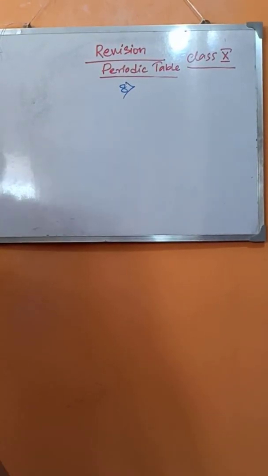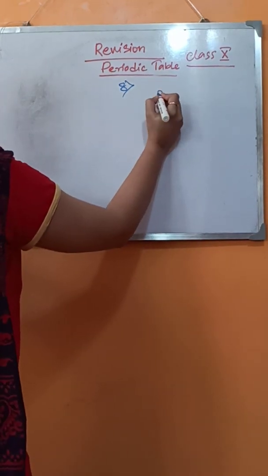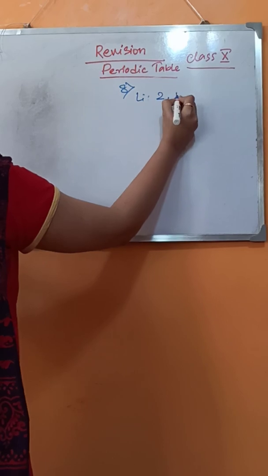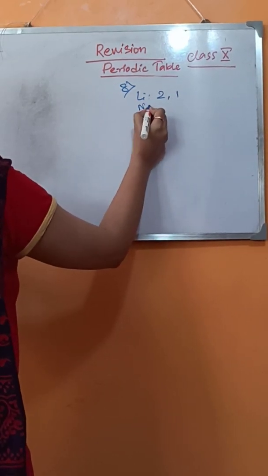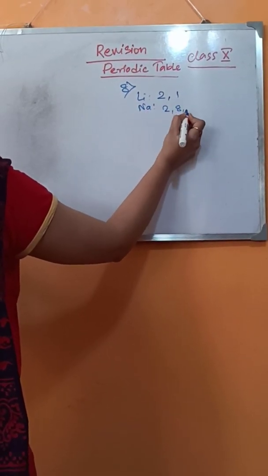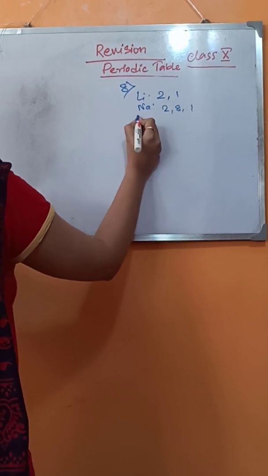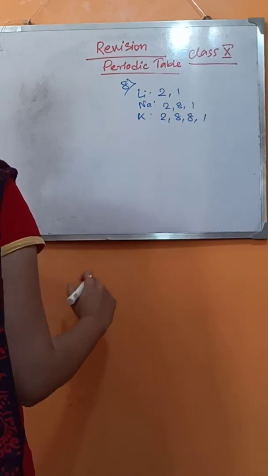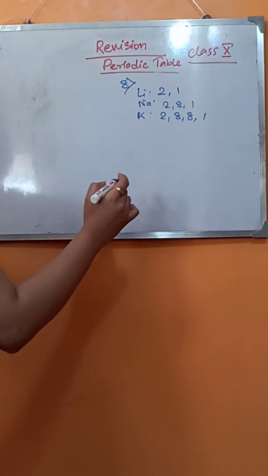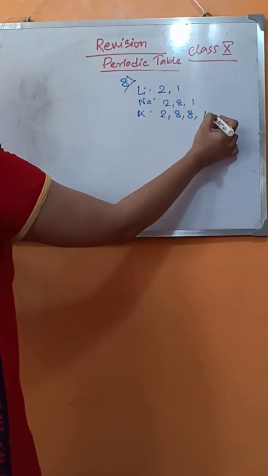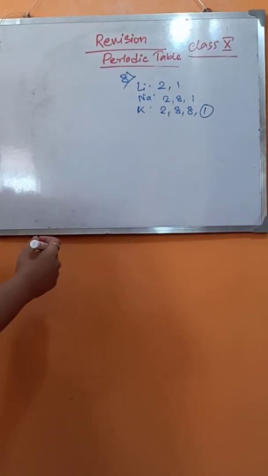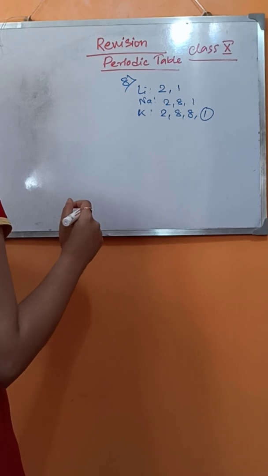Okay, alkali metals, let me give you an example first. Lithium, sodium, potassium. See, all the alkali metals have one electron in the outermost shell.